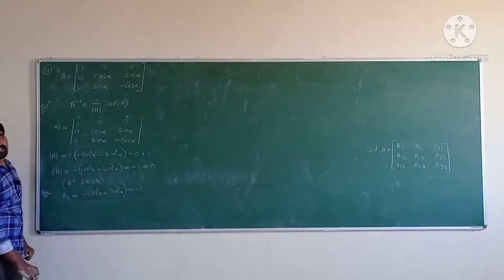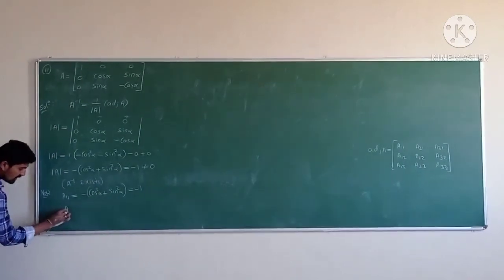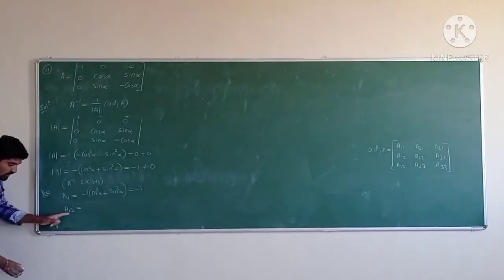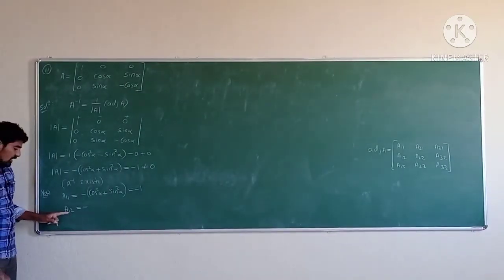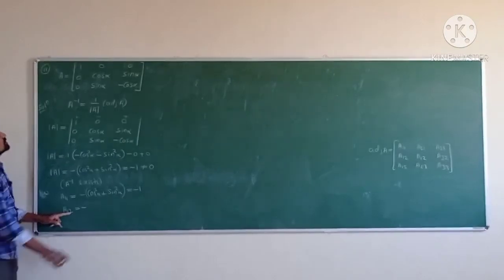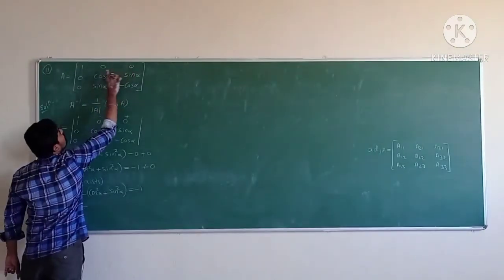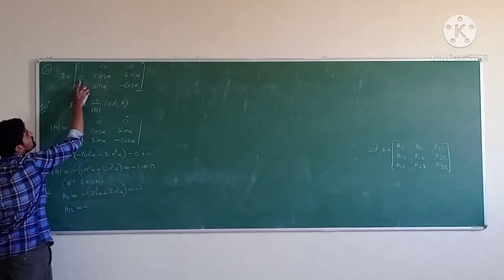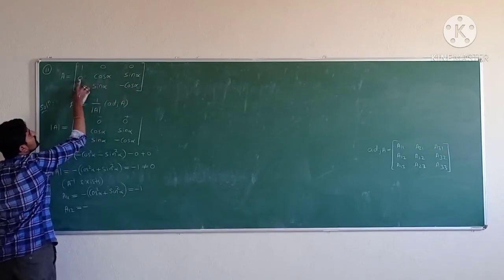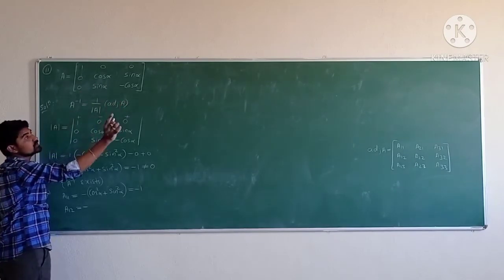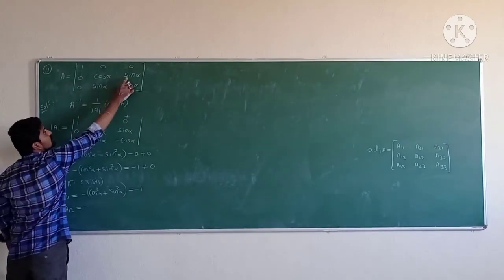sin square alpha plus cos square alpha is 1, into minus, so minus 1. And next A12, 1 plus 2 is odd, therefore multiplied by minus, and is obtained by deleting the first row, second column. After deleting this first row, second column, remaining elements 0, sin alpha, 0, minus cos alpha: 0 into minus cos alpha, 0, 0 into sin alpha, 0.